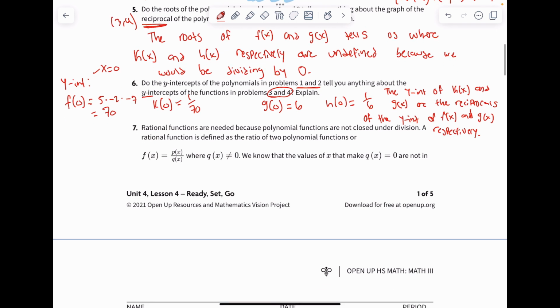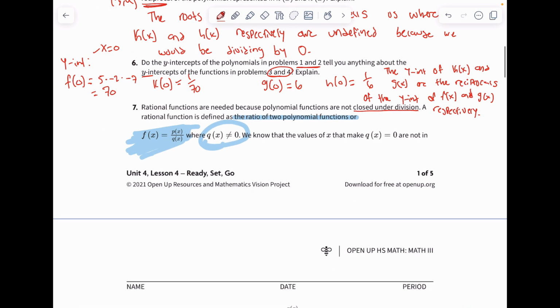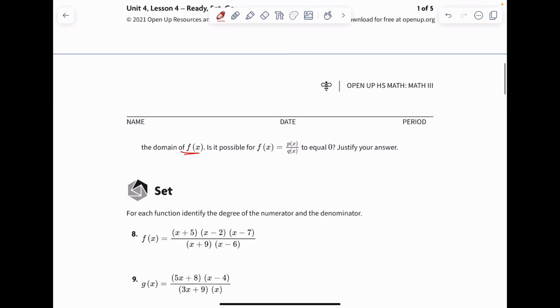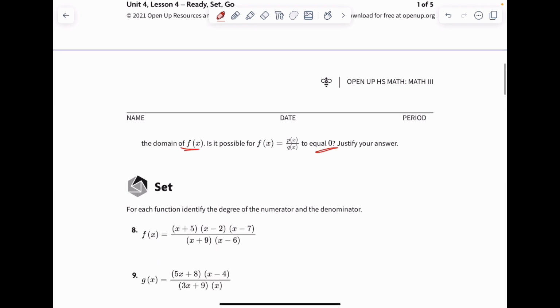Rational functions are needed because polynomial functions are not closed under division. A rational function is defined as a ratio of two polynomial functions, or f of x equals p of x over q of x, where q of x is not equal to 0. We know the values of x that make q of x equal 0 are not in the domain. Is it possible for f of x to equal 0?